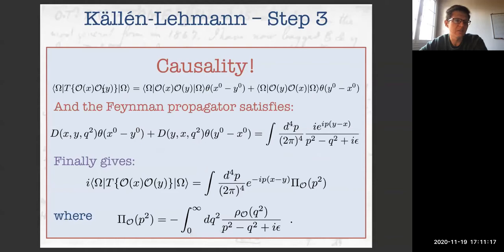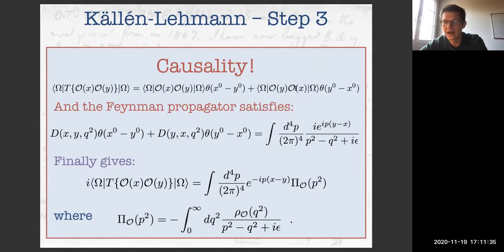And then finally, we want the time-ordered 2-point function, a time-ordered propagator. I didn't really calculate anything here; this has just been massaging the same function from the start.